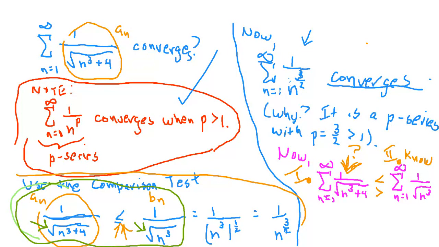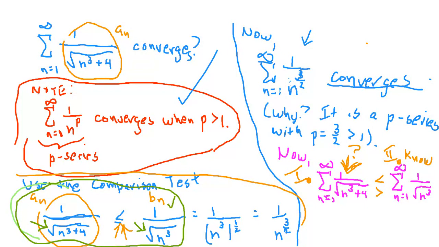You see that? n cubed plus 4 is greater than n cubed, but you have n cubed plus 4 in the denominator. So that's going to make the a sub n term smaller than the b sub n term.